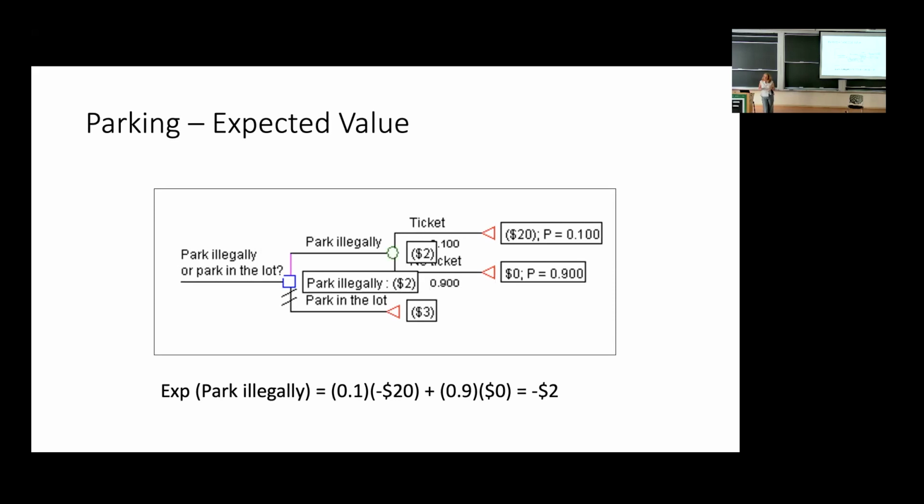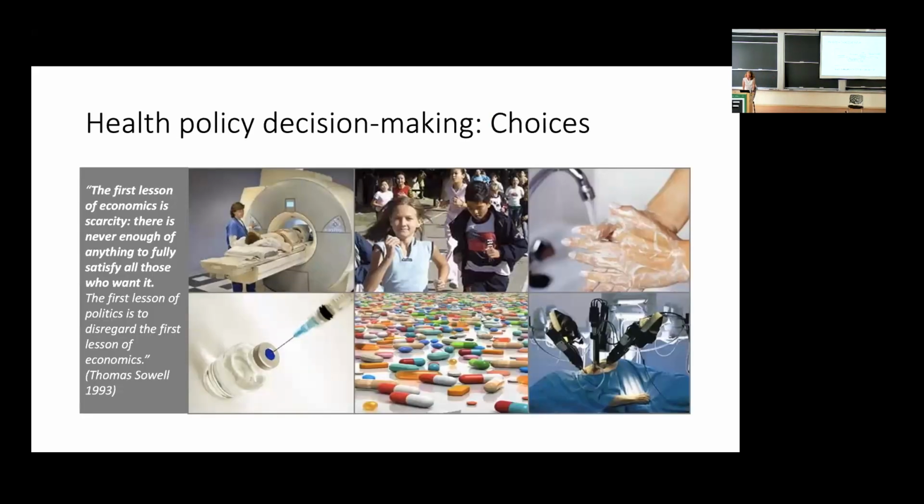It's not only about the $2 or $3 you pay. There are other things you have considered in your decision making. There are values, things like you don't want to inconvenience the people who are supposed to park there, or you don't want to get caught, you don't want to do anything illegally. So there are things that you value beyond that, and those are the types of things that go into decisions.